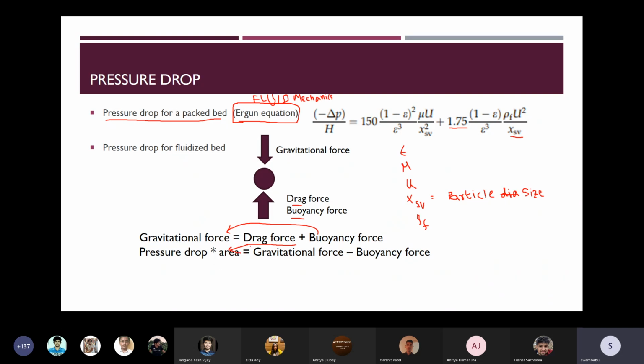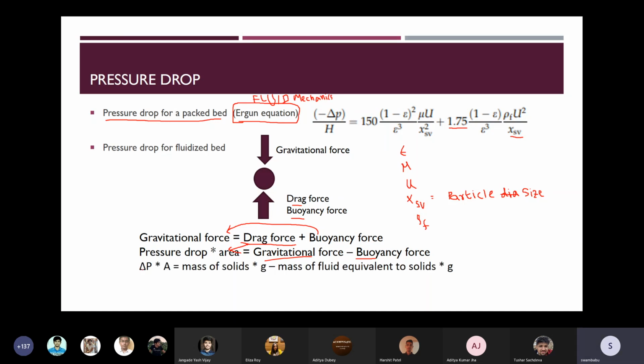So the drag force is estimated as pressure drop into area, and gravitational force minus buoyancy force I brought to the right hand side. Gravitational force equals drag force plus buoyancy force, and the drag force can be estimated as pressure drop into area.